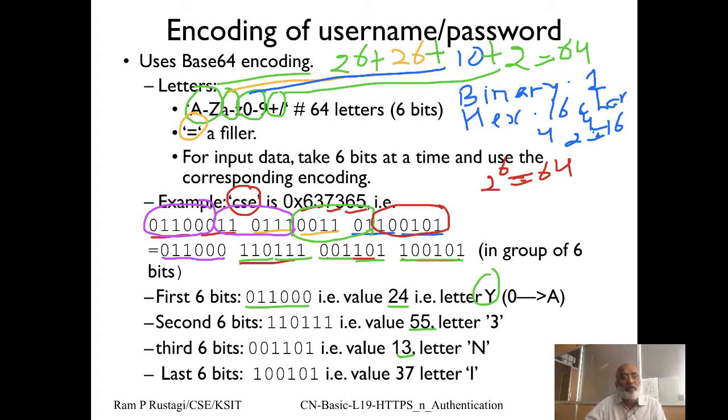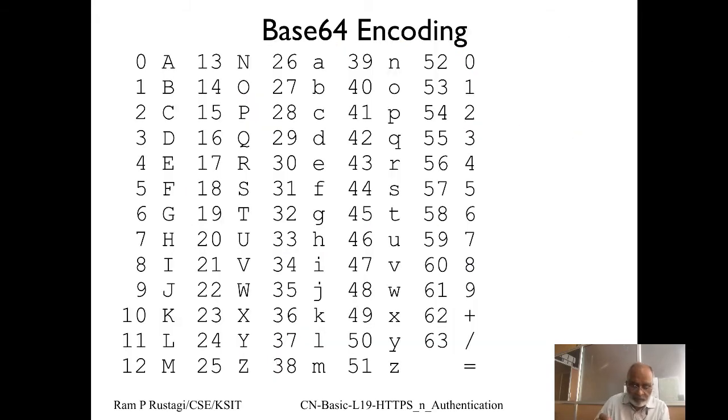The values are 24, 55, 13, and 37. If you look at index 24, this is Y. The next value was 55, which gives me 3.